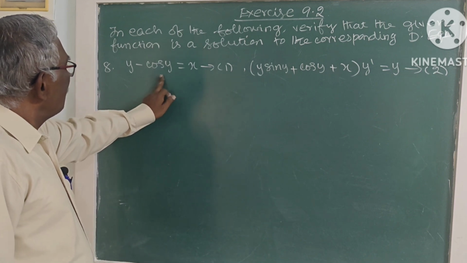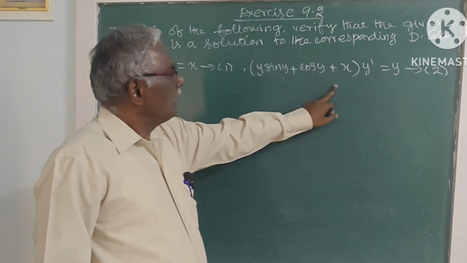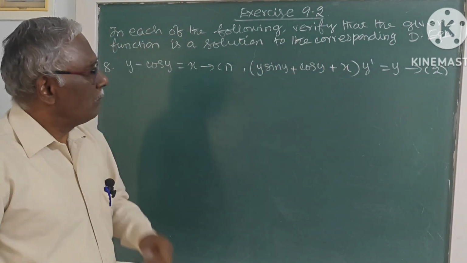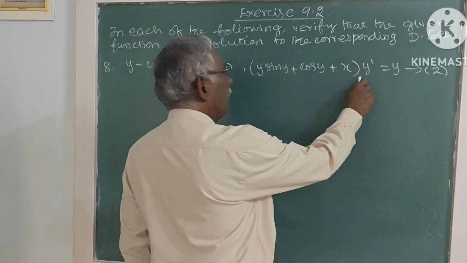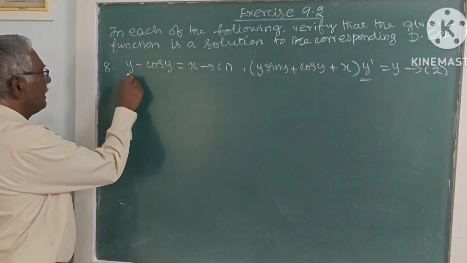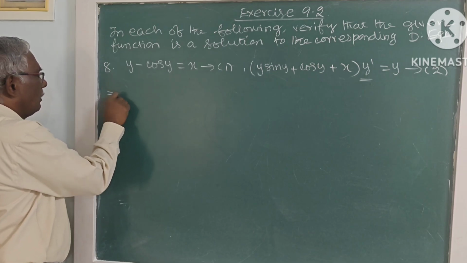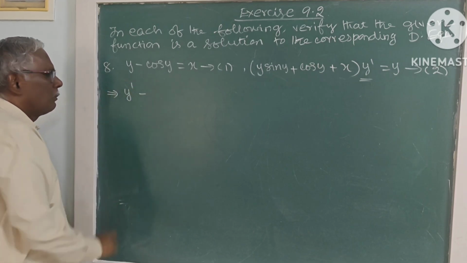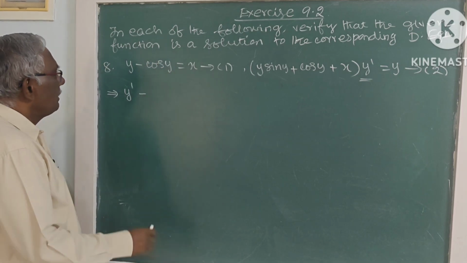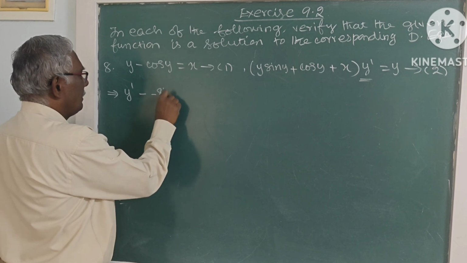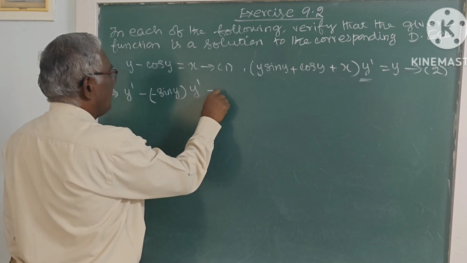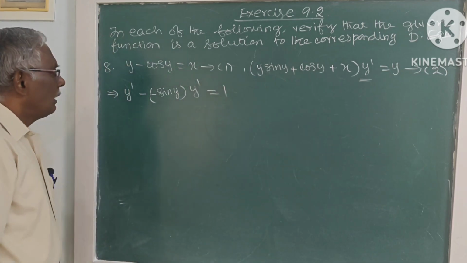Here, we have to see whether y minus cos y is equal to x is a solution to this differential equation or not. In the differential equation y dash is there. So we have to differentiate this with respect to x. We get y dash minus, if we differentiate cos y, we'll get minus sin y, again with respect to x, is equal to 1.